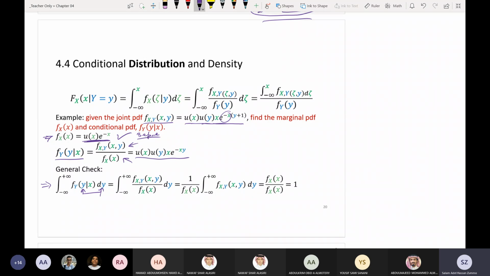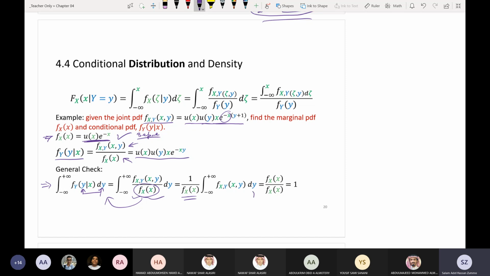Now, just write this in terms of what we know, which is the joint PDF divided by the marginal PDF of x. The marginal here has nothing to do with y, so I can take it outside the integral. So what do I have here?